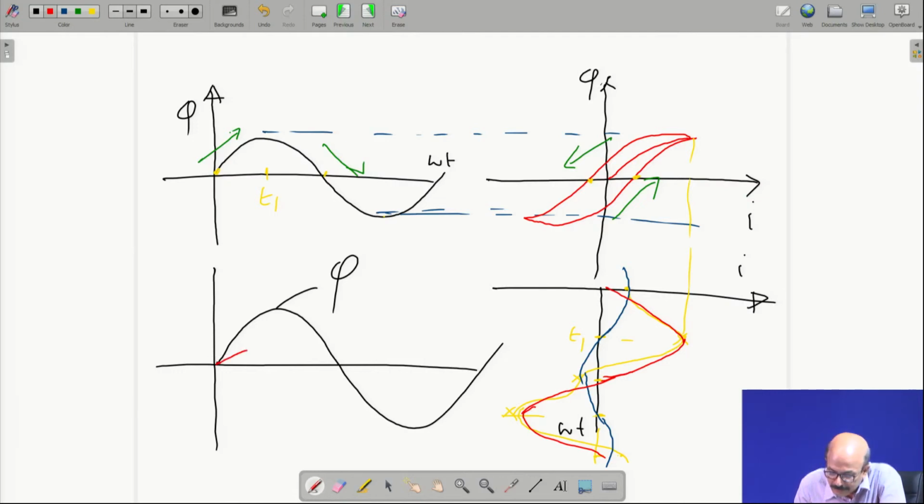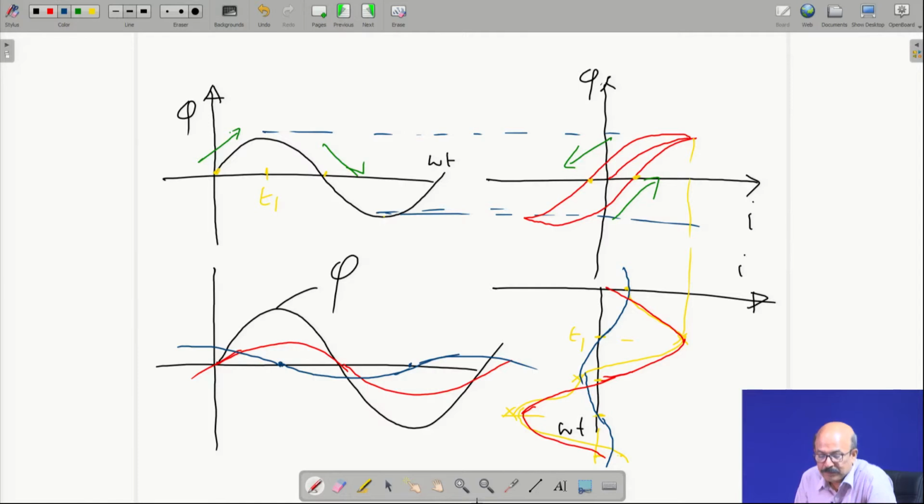And the blue component is leading the flux by 90 degrees, a very small value. These are the two components.